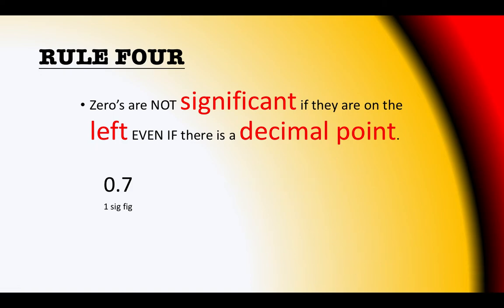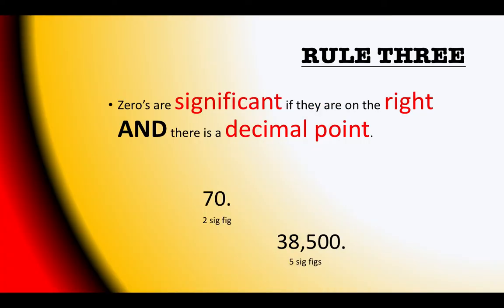Let's back up. There's one thing I want to point out about Rule 3 that isn't shown by these examples. I probably should have another example on here, like 70.0. If we had another zero behind this decimal point, it's a zero that's on the right of the number and there is a decimal point. So 70.0 would have three significant digits.